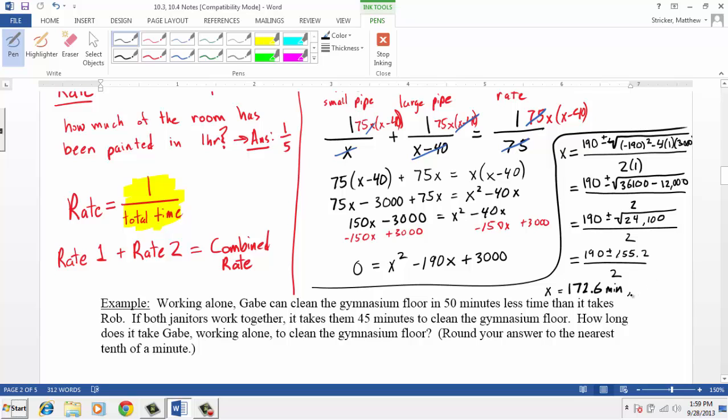And then the other one we subtract: 190 minus 155.2 divided by 2, which equals about 17.4.